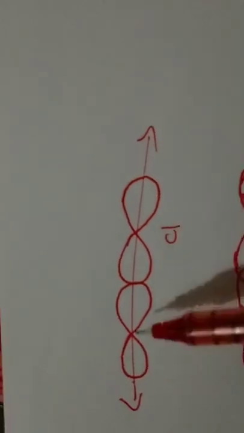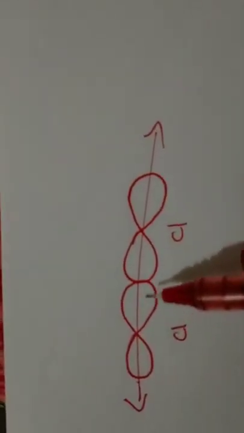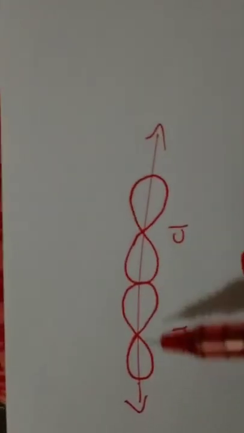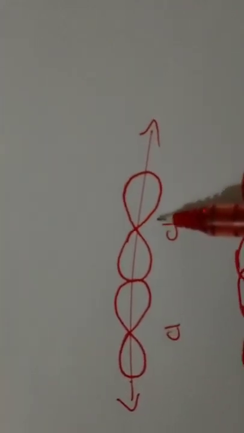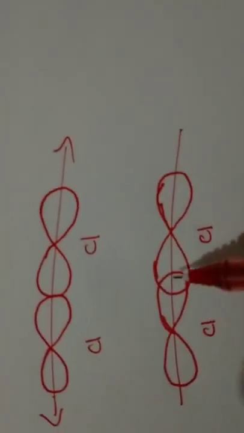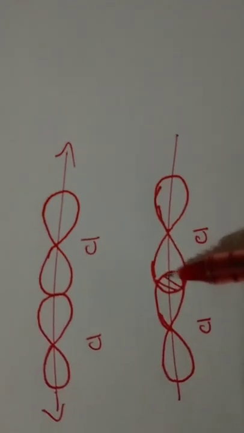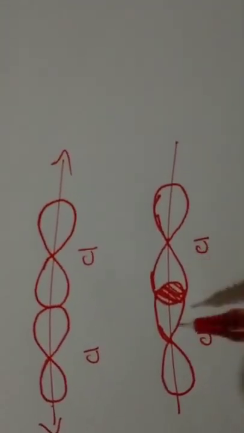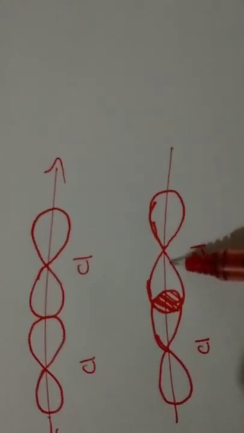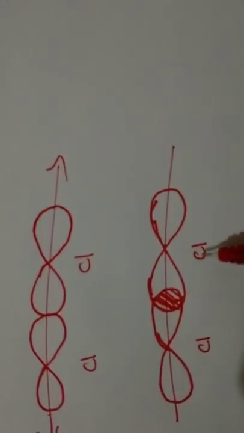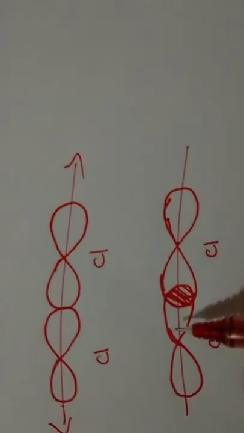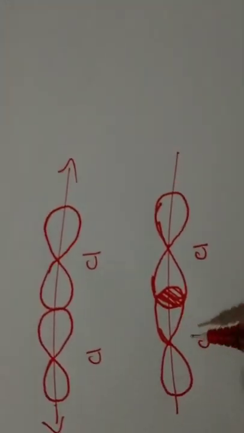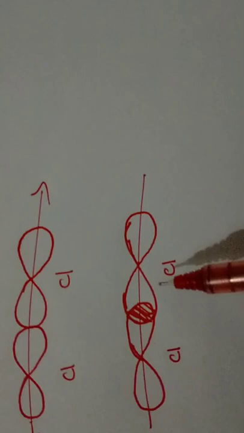If they are overlapping together, or they have formed a bond between one chlorine and the other, then it will be shown like this. This is the overlapping area. The first orbital of the first chlorine is combined with the orbital of the second chlorine.